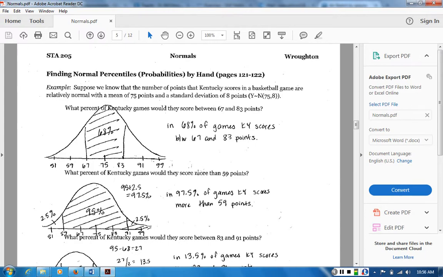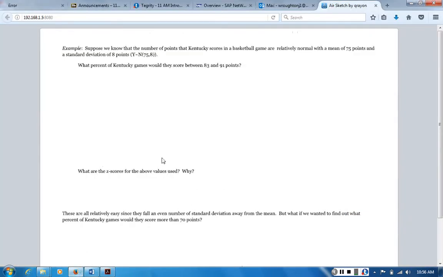We got through the first 2 examples, and we left off needing to do the third example. So now we're going to find what percent of Kentucky games they would score between 83 and 91 points. Just as before, I'm going to start with my picture. Remember, we're centered at the mean, which was 75.